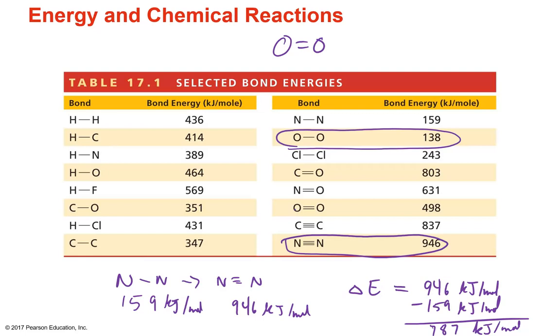So if you add up the bond energies on each side of the reaction, if the sum on the left side, the reactant side, is smaller than the sum on the right side, the product side, then it's exothermic. It's going to give off energy. If you have stronger bonds on the final product side, it's going to be giving off energy. If you end up with weaker bonds, then it's going to have to absorb energy to make it happen.